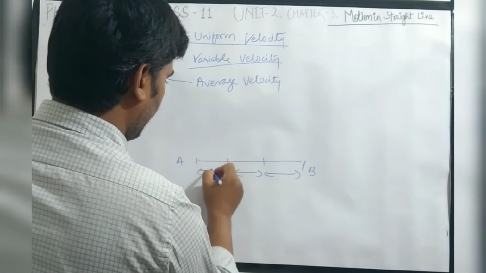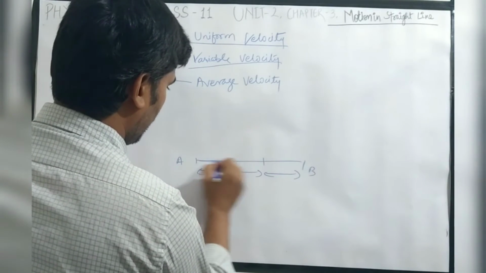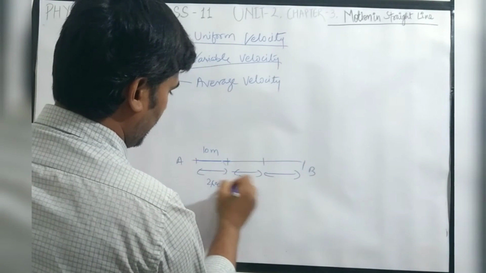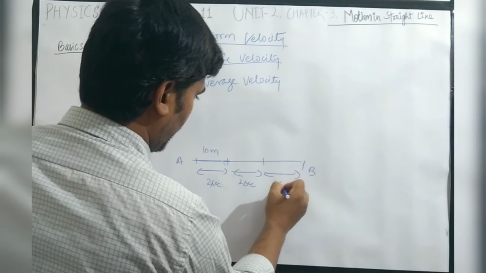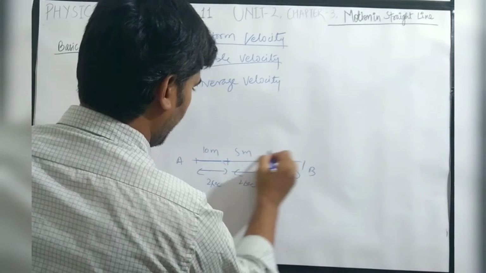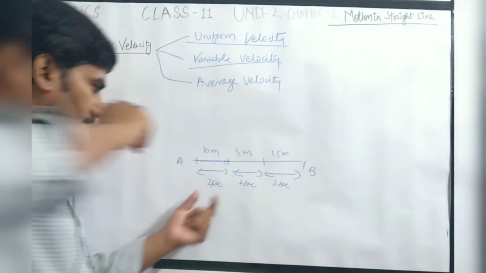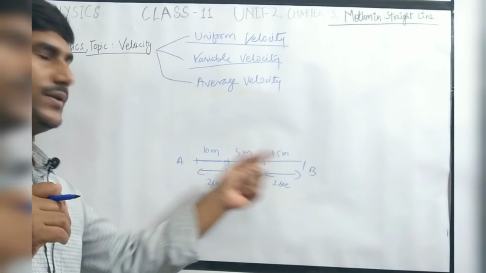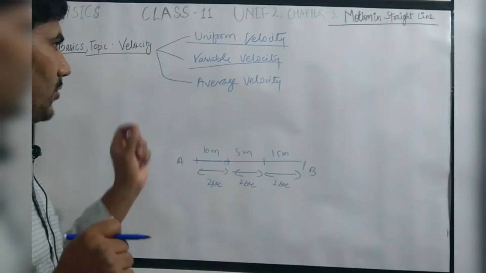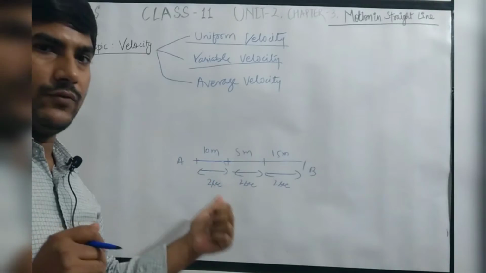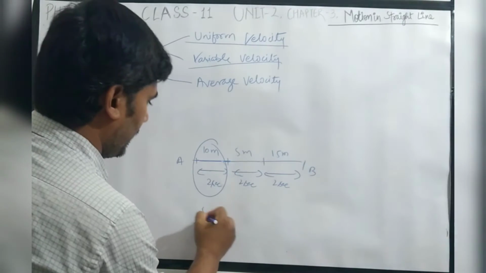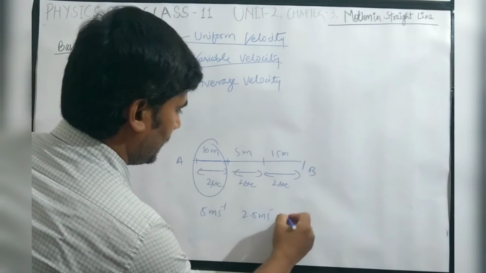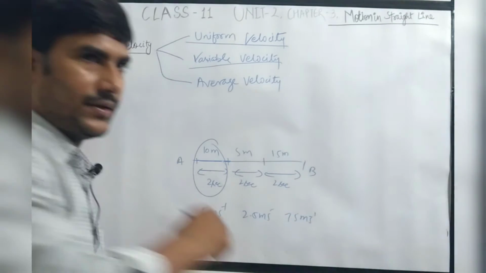That is, if the distance or displacement traveled in a given interval of time is different, the time taken is the same and the displacement traveled is different, then the velocity is said to be variable, because it is 5 meters per second here, 2.5 meters per second here, and 7.5 meters per second here.